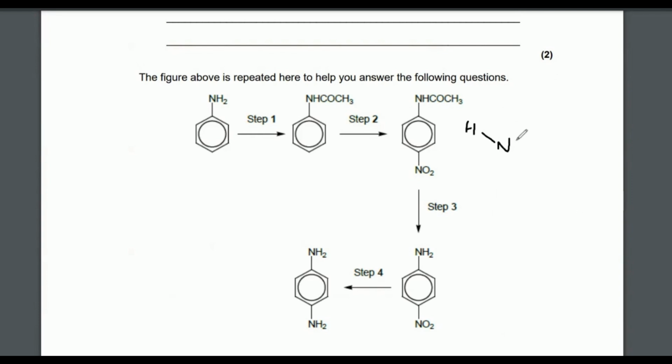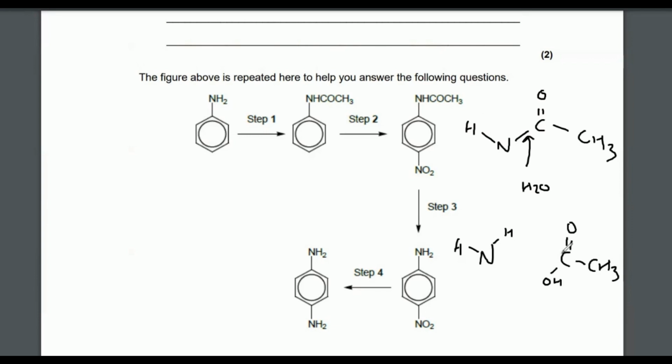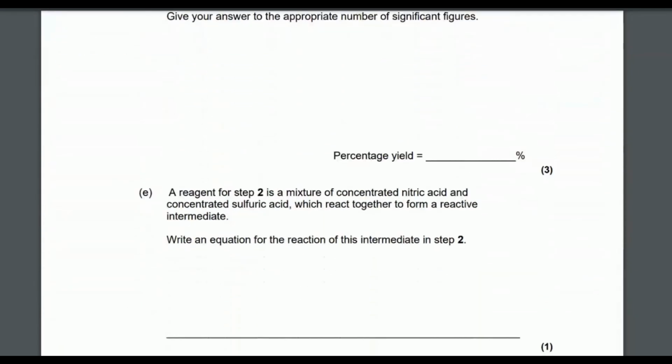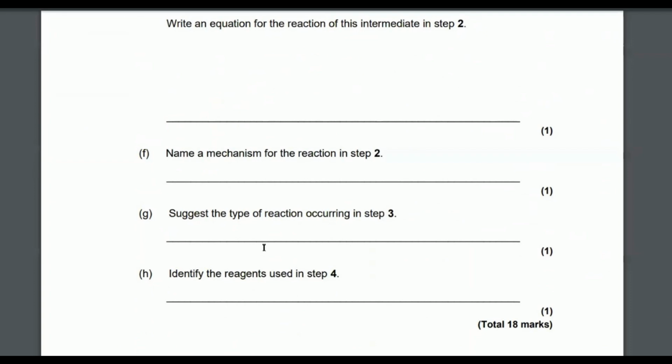We're going to add a hydrogen to make NH2, and the OH from the rest of the water molecule will be added on to make ethanoic acid with the COCH3. So if you add a bit of H2O, one of the H's goes on to the NH2, which is attached to the benzene ring, and then the carbonyl CH3 gains the OH from the water molecule and becomes ethanoic acid. Lovely jubbly. Let's go to the last part.